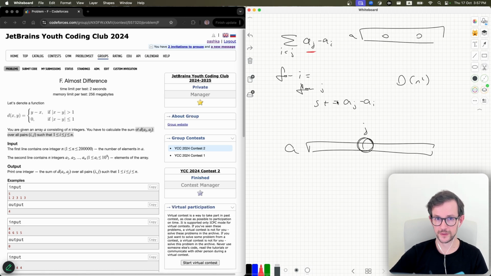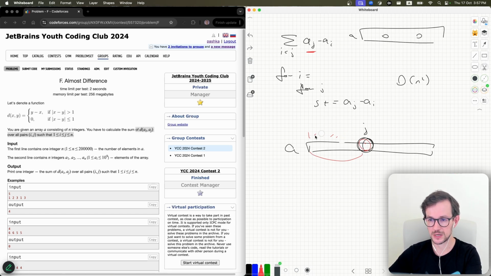So in this formula, I will add this element for all i's in this region. It's easy to see how many times it's happening: for the number of elements before me. And sometimes this element is used as ai. If this element is i, then j must be one of these elements after it.